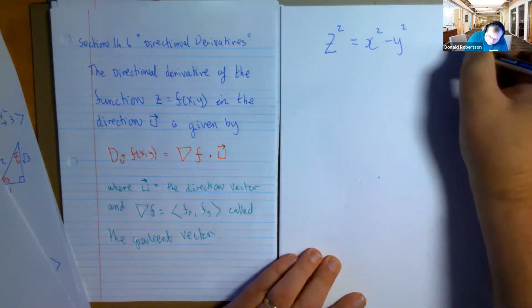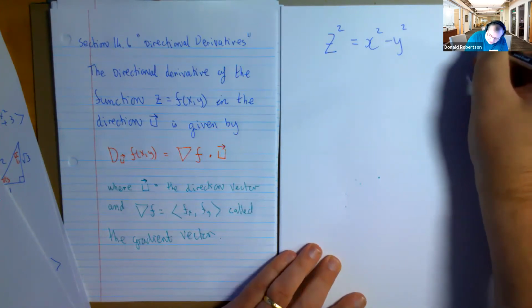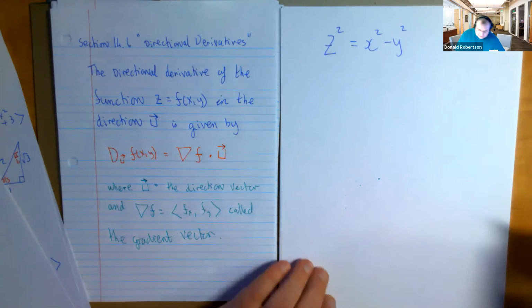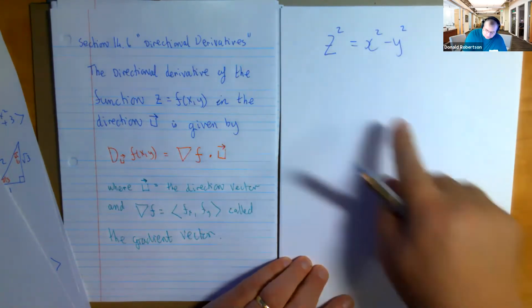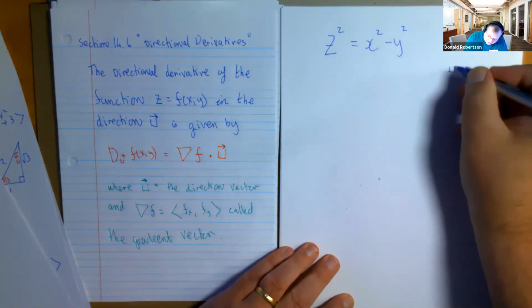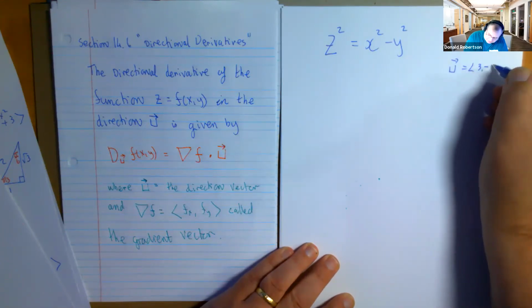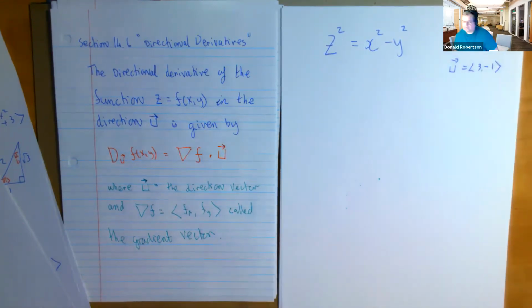We're interested in, at the point (1, 2), getting the directional derivative of this surface going in the direction (3, -1). Agreed?